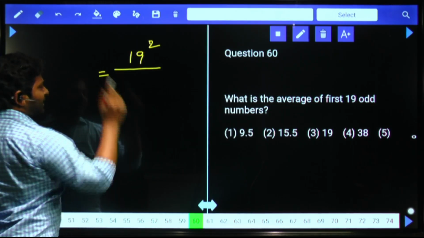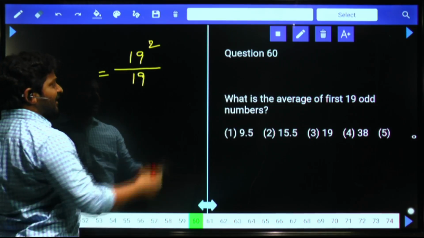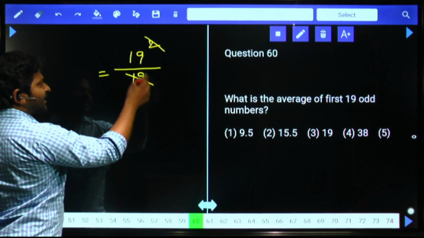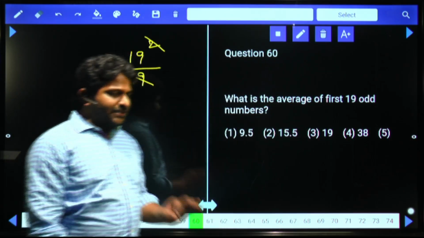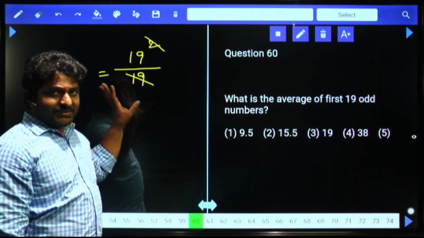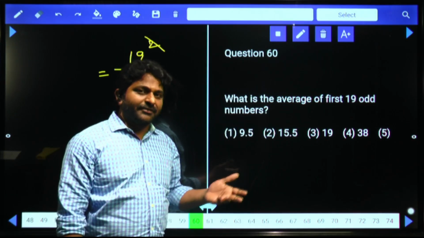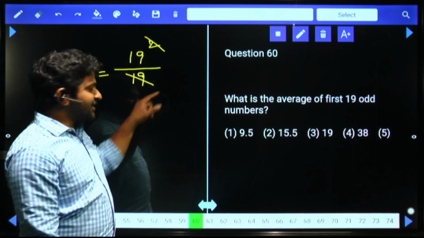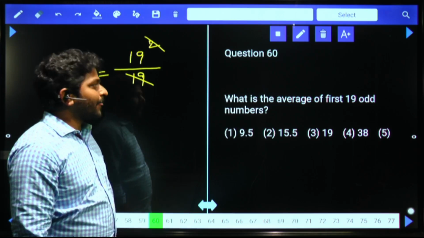Now we are converting it to average. Average is divided by the number of numbers, that is 19. Square and then 19 gets cancelled. So the final answer is 19, third option. I'm simply doing sum of numbers by number of numbers. If there are first n odd numbers, the sum of numbers is n square, that is 19 square divided by number of numbers, 19.